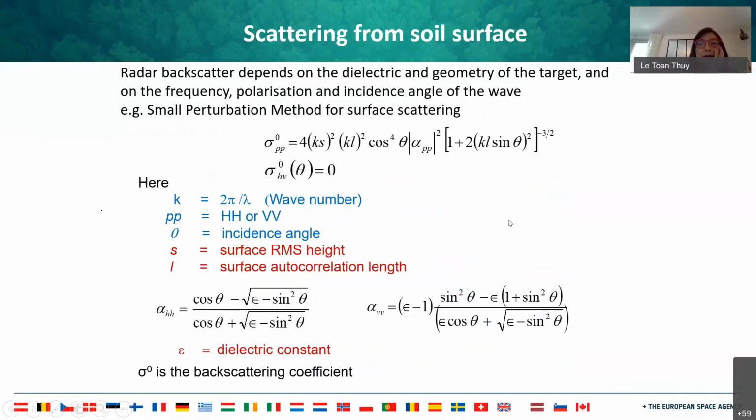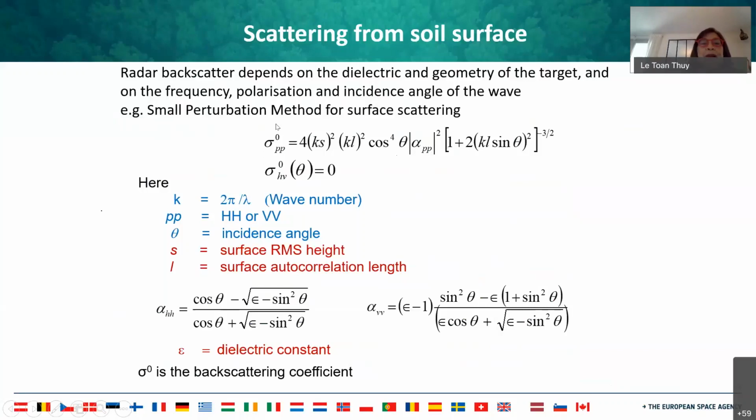We have seen that the radar backscatter depends on the dielectric properties and geometry of the target, and on the frequency, polarization, and incidence angle of the wave. There are multiple models describing the scattering from the soil surface, with a very abundant literature. Here I show something simple to analyze.